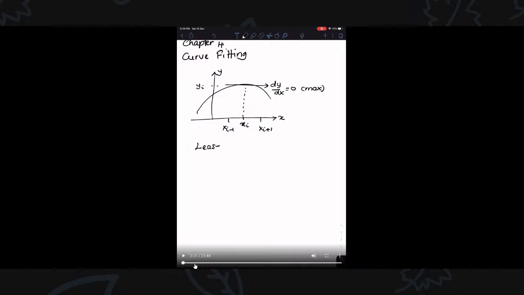We learned two methods, the quadratic least square method and the linear least square method.